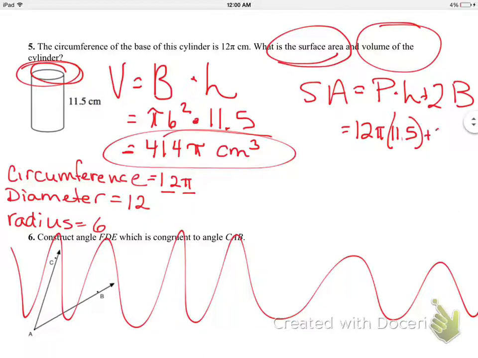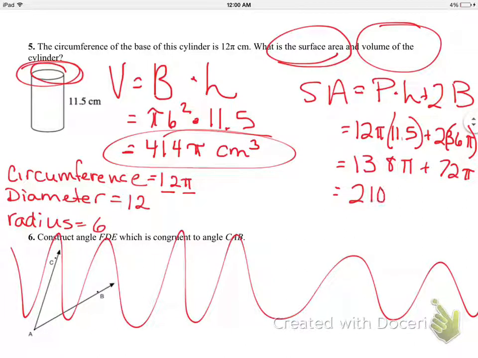My base is still 36 pi. When I add those all together, this part is 138 pi, this part is 72 pi, total 210 pi square centimeters.